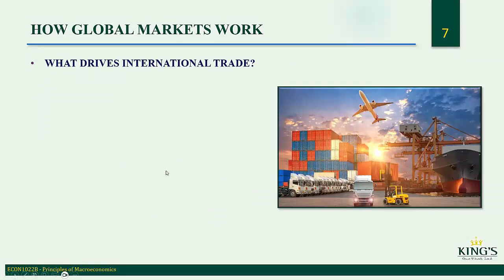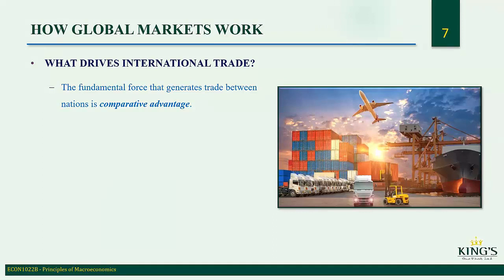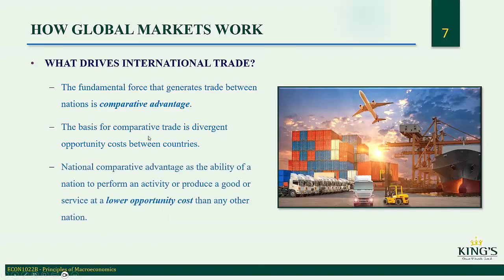So what drives international trade? Well, I mean, basically, there's gains from trade. What really drives it is, for the most part, some countries can do stuff better and cheaper than other countries, right? So really, we'll talk about comparative advantage, but it's really a driving force behind trade. We'll talk about exactly what comparative advantage is, but when you think of comparative advantage, you can think of opportunity cost.